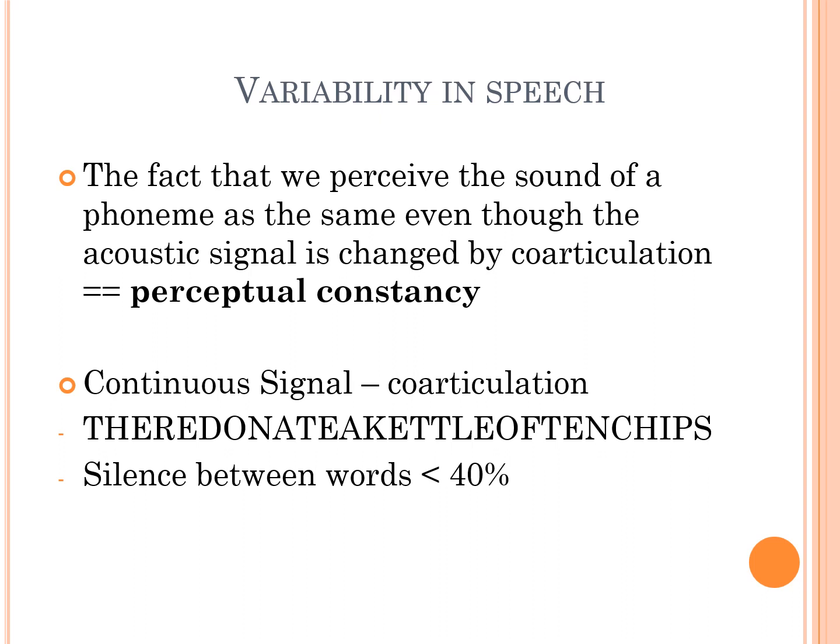And I just talked about the concept of a perceptual constancy. The fact that we hear the sound of the phoneme as really being the same, even though that acoustic signal is changing wildly because of co-articulation, is an example of a perceptual constancy.